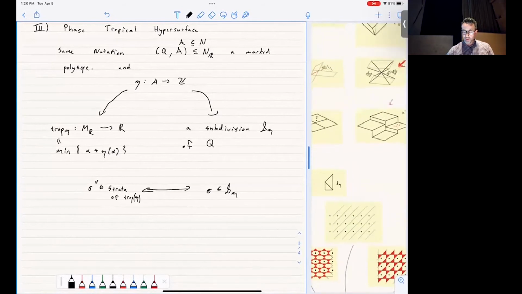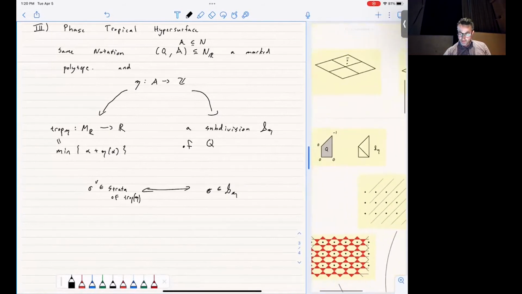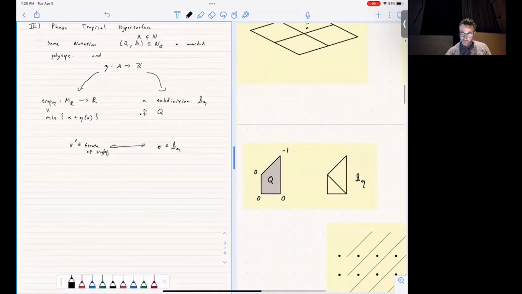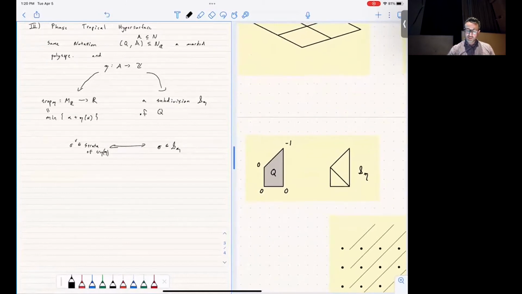So maybe an example here that I drew is given here. I just have A as the points. I'm putting a -1, which brings down one vertex, and then taking the subdivision induced by that gives us a triangulation in this case.